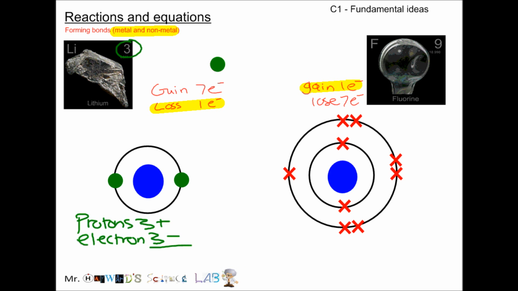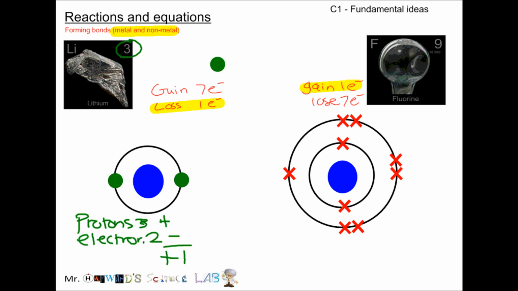So when you add that charge up, there was 0 charge on the atom. And to be an atom, it has to have that. But now, it's no longer got 3 electrons. It's got 2 electrons. So the charge is actually 3 positive, 2 negative, so you've got a 1 positive charge.